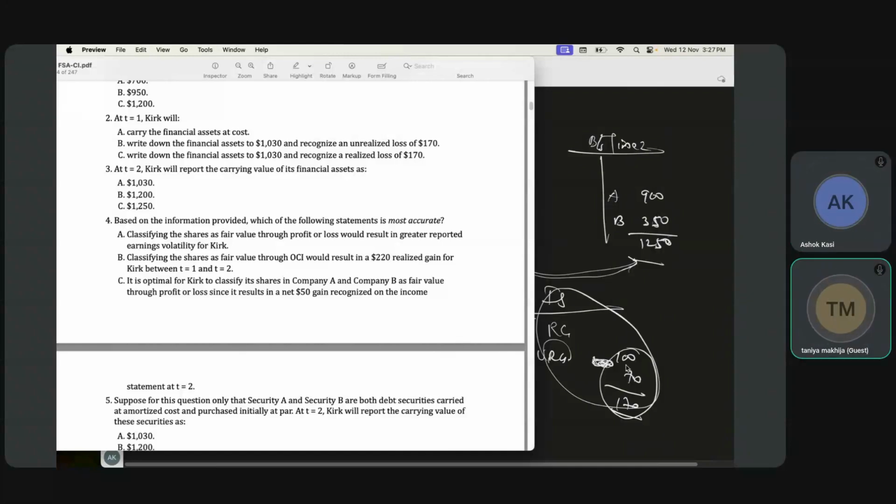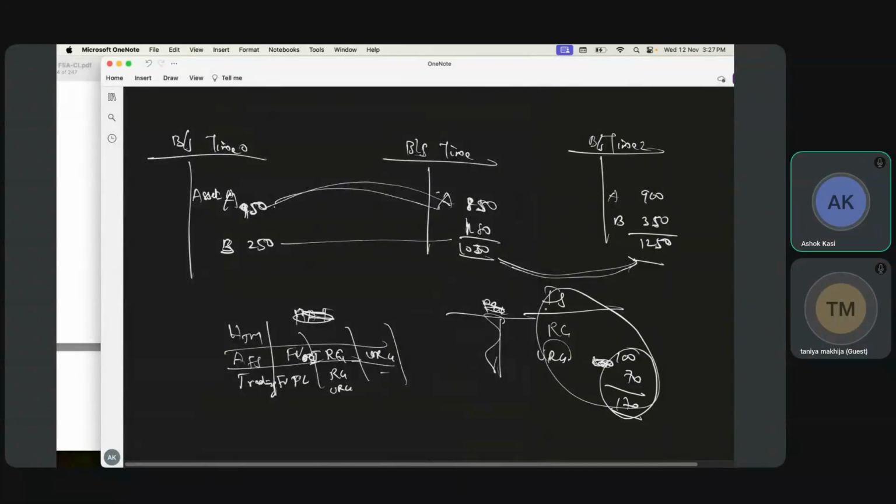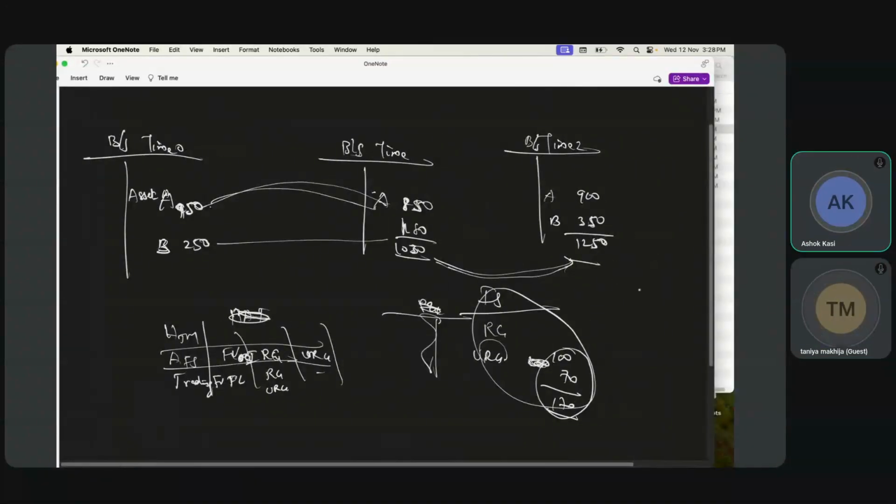So for that also we have to see how much the unrealized gain will be. In the income statement, unrealized gain will be 220, right? What is the difference? 1030 minus 1250, 220. So 220 will be the unrealized gain. This is loss.